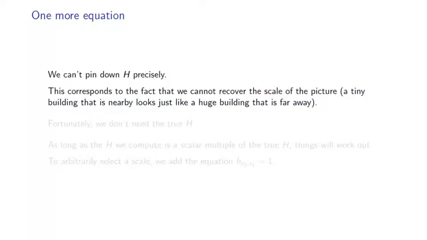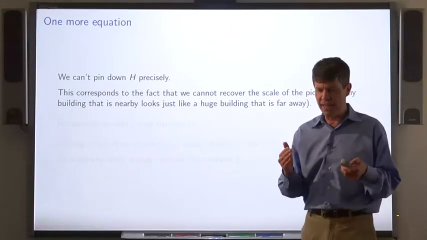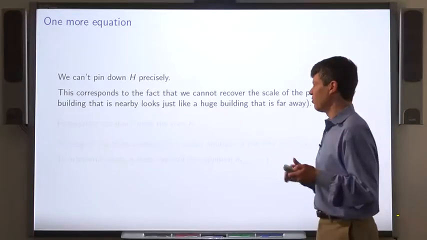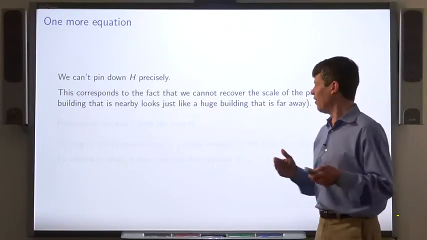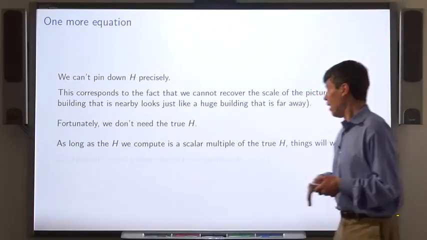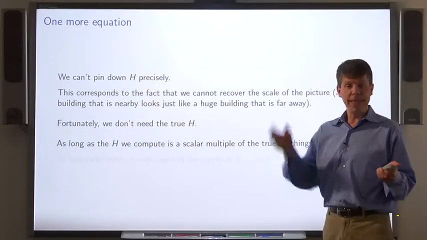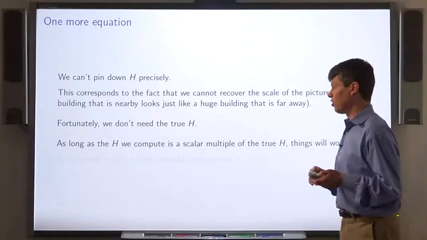But it turns out we can't figure out what H is from these points after all. This corresponds to the fact that we don't know the scale of the image. Okay? A tiny building that's nearby looks just like a huge building that's far away. But it turns out that doesn't matter. The scale of the image doesn't matter when we're doing this transformation. So we don't have to pin down exactly H. As long as the H we compute is a scalar multiple of the true matrix H, we'll be able to perform the transformation just fine.